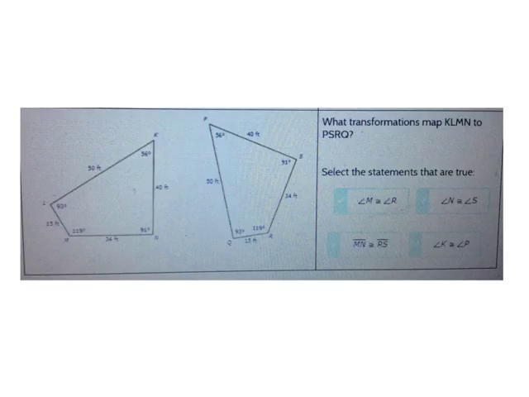What transformations could map KLMN to PSRQ? Again, this figure could be rotated counterclockwise to create the image. Now select all the statements that are true. Is angle M congruent to angle R?